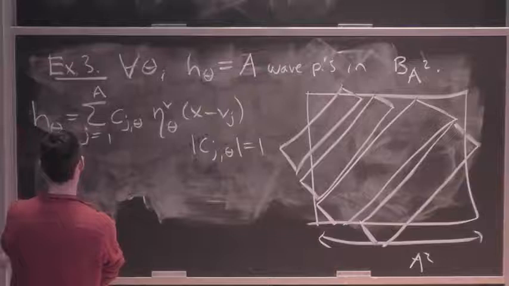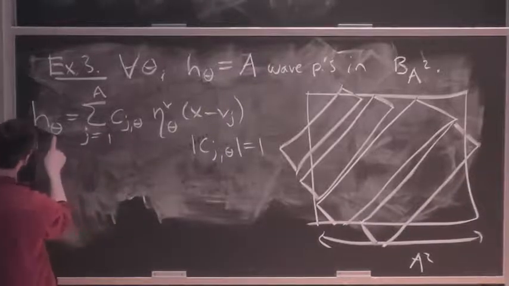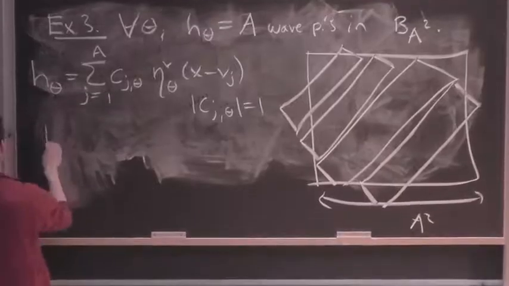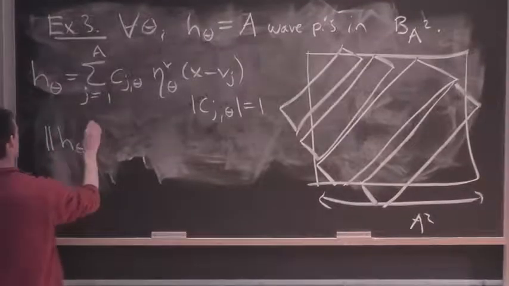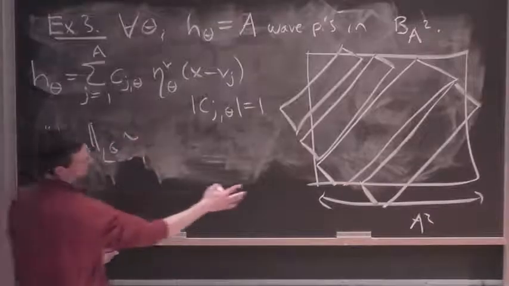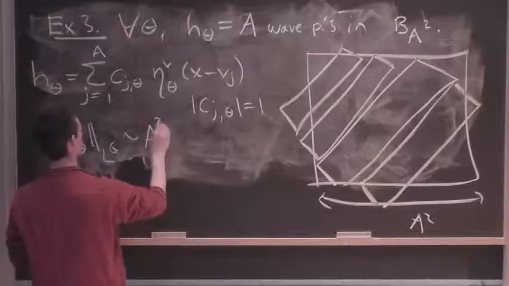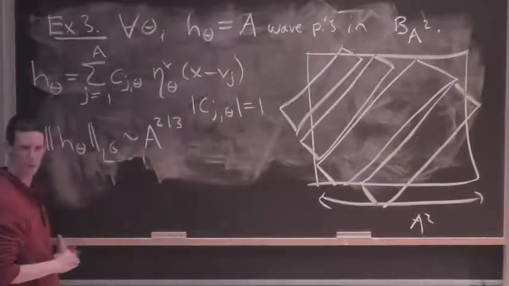Okay. So it's easy to figure out the norms of h theta. So h theta L6. Well, the norm of h theta is basically the characteristic function of this ball. So this is A to the 2/3, 4/6 or 2/3.